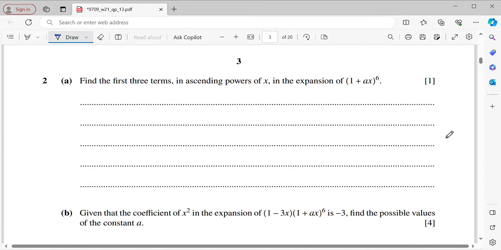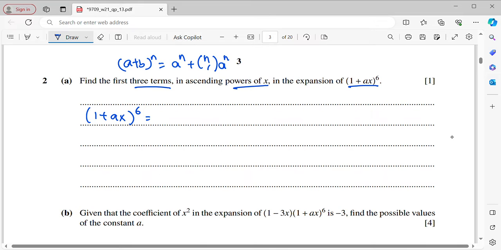For question 2a, find the first three terms in ascending powers of x in the expansion of (1 plus ax) to the power 6. We use the formula (a plus b) to the power of n, which is a to the n plus nC1 a to the power of n minus 1 b to the power 1, until b to the power n.